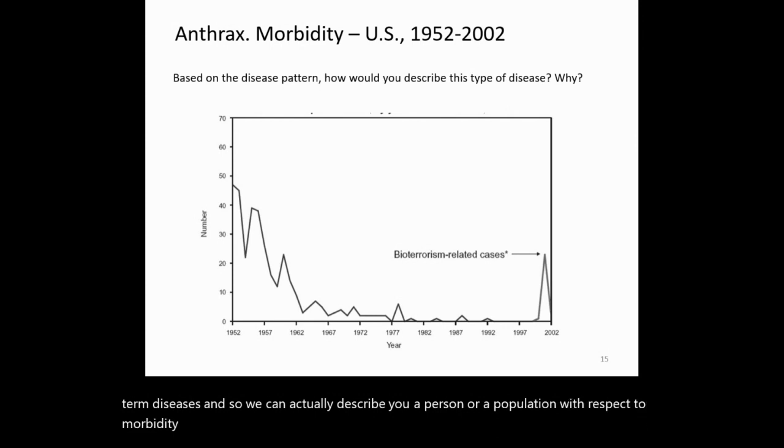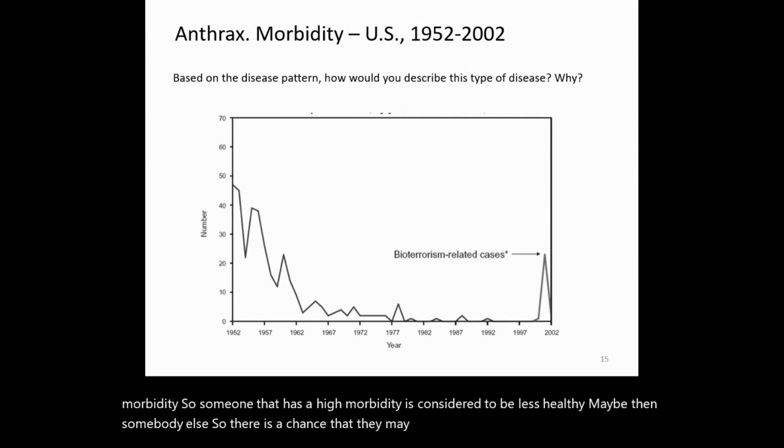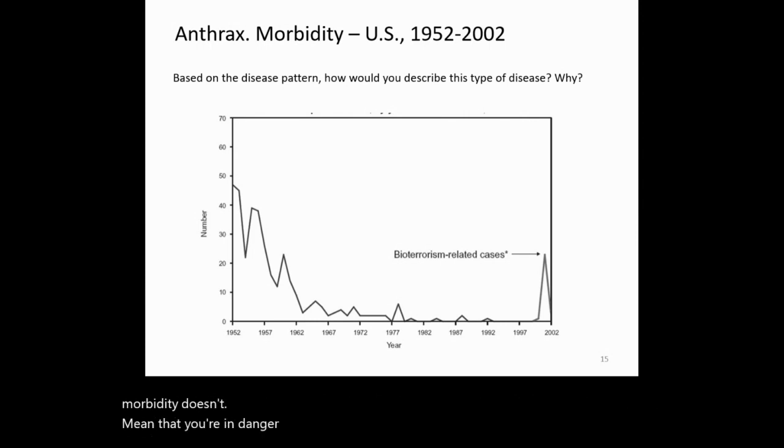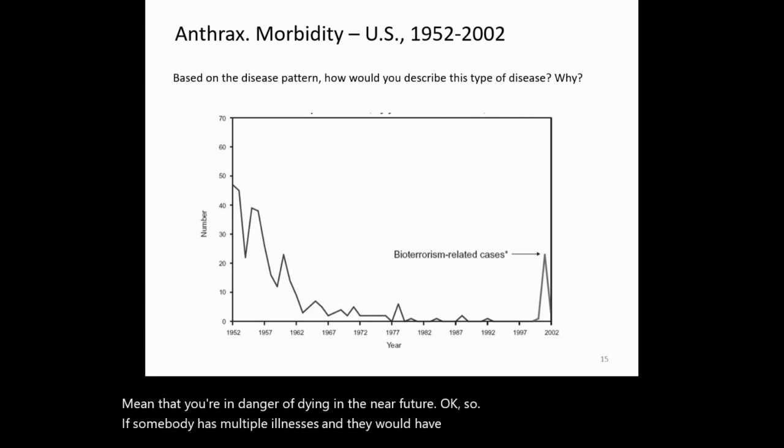Someone that has a high morbidity is considered to be less healthy maybe than somebody else. So there is a chance that they may not live as long as someone else, but morbidity doesn't mean that you're in danger of dying in the near future. If somebody has multiple illnesses, then they would have a high morbidity compared to somebody who does not.